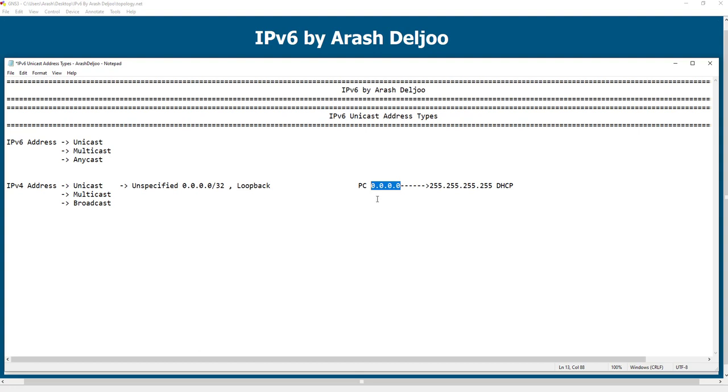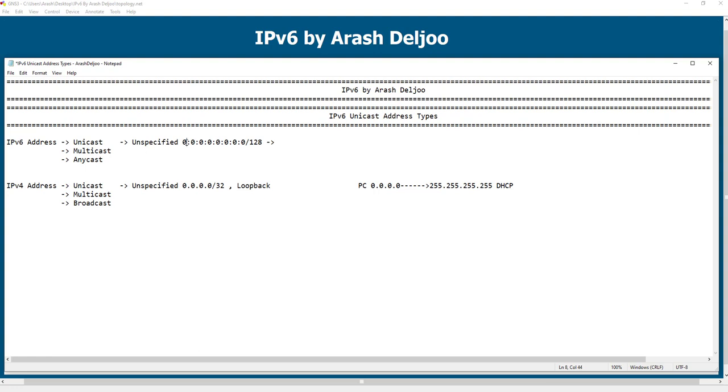Also, in IPv6 we have the same function. In IPv6 unicast we have the unspecified IPv6 address, and the format of this IP address is 0000:0000:0000:0000:0000:0000:0000:0000, eight hextets, /128. You know that we can omit the leading 0s, and then we can compress the IPv6 address.